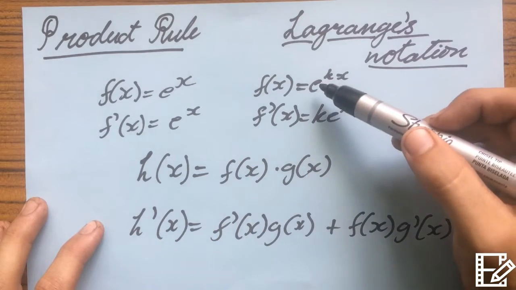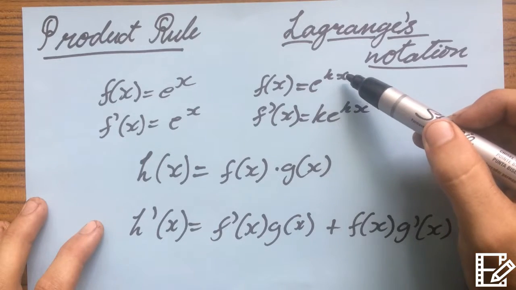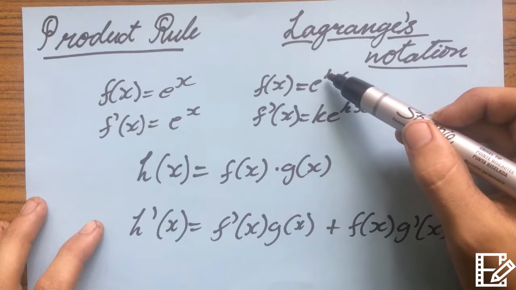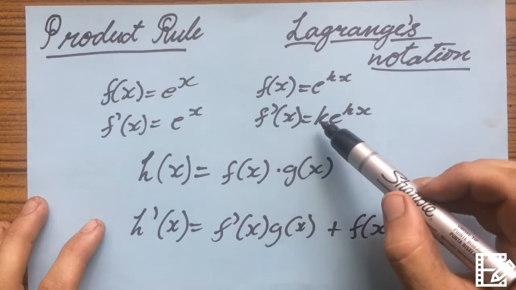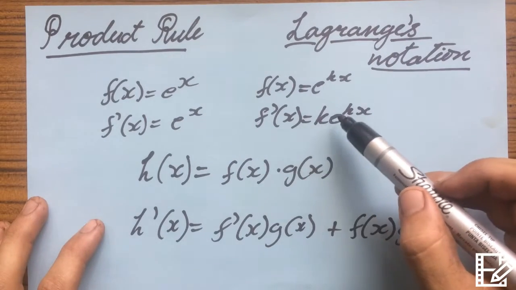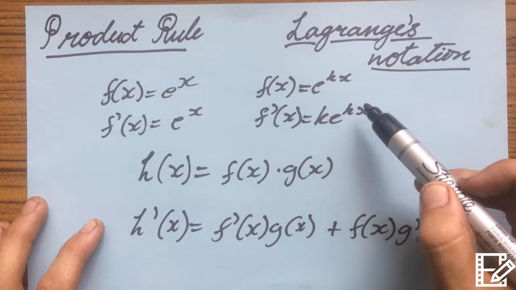But if you were to derive e to the power of kx, k being a number, any number, then you would have that number, k, multiplied by e to the power of kx.